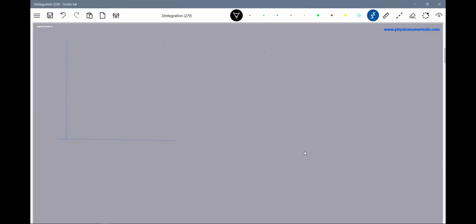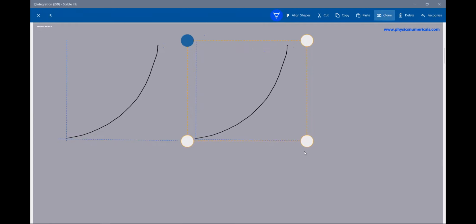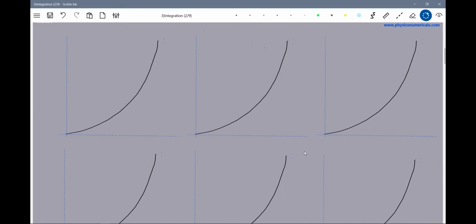In the first case, this was basically a curve, no? We'll start with this one.